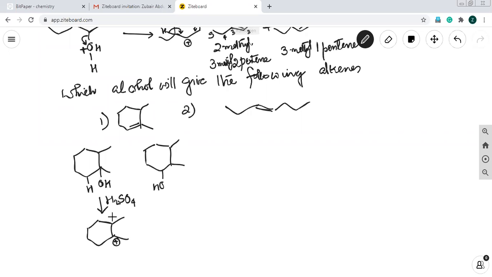The double bond formation can be from this side or from this side. If it is formed from here, you get 3 products.